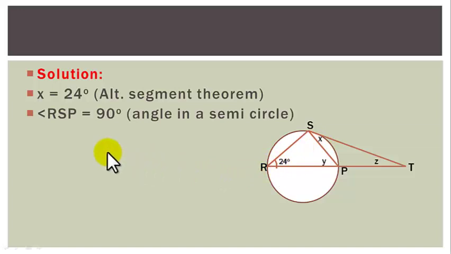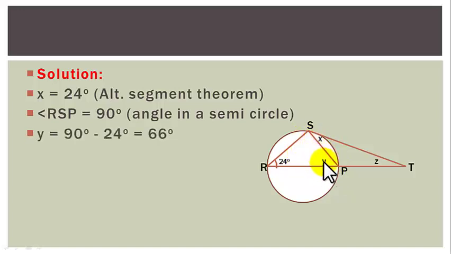Angle RSP, that's this angle, is 90 degrees, angle in a semicircle, since it is given that RP is the diameter of the circle. So this angle is equal to 90 degrees.